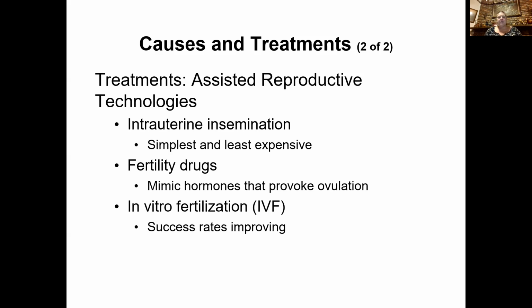All right, and the last one is in vitro fertilization. Basically, you've heard of the Petri dish baby, right? So the woman has her ova extracted and they are fertilized with the man's sperm, basically in a Petri dish, and then that zygote is formed.